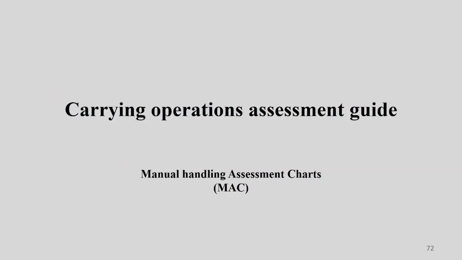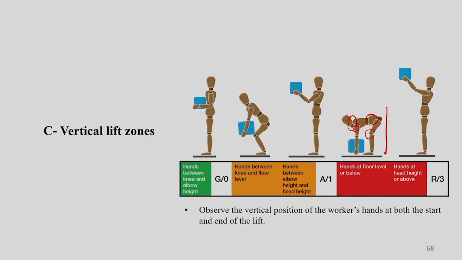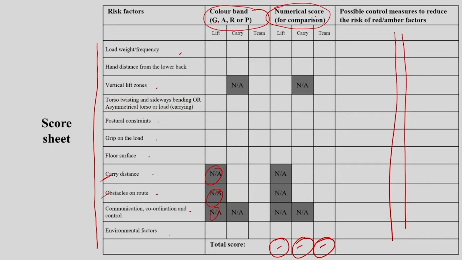So what you will do now, let's go back to this particular score sheet. For example, let us take we are talking about lift, right? Suppose I have red, I have amber, I have G, again a G, again an A, and some, let us assume A. Fine.